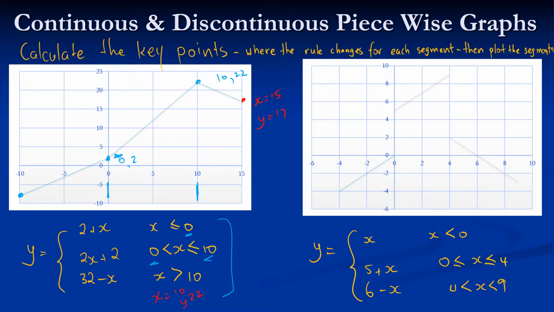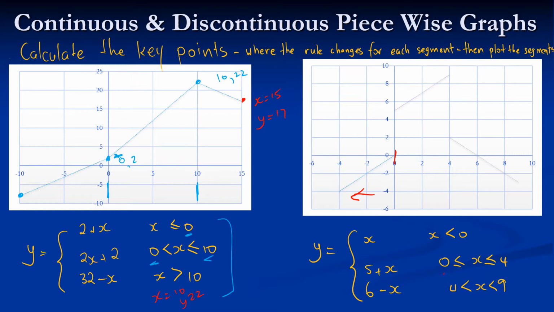If we have a look at our discontinuous line graph, you can see that I've done the same thing. So y equals x when x is less than 0. So from here, that way, x is less than 0. So, for example, when x is negative 4, y is negative 4. They have the same value.